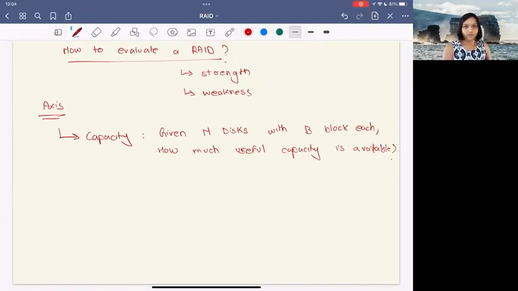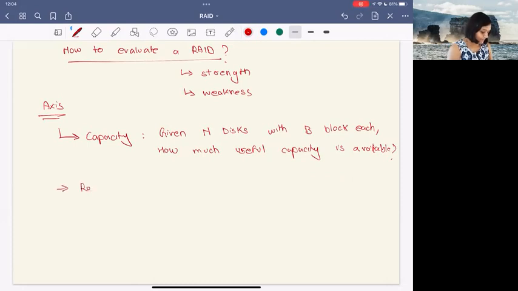If we have one disk with B blocks, the total capacity we have is B. If we have two disks with B blocks, then the total capacity we have is 2B. Now, the physical capacity that we have is 2B, but what is the useful capacity? Like, what is the capacity that RAID as a box exposes to the file system? That's the useful capacity that we are talking about here. Is that still 2B or is that just B? That's how we would get an idea about how good this RAID mechanism is on the capacity axis.